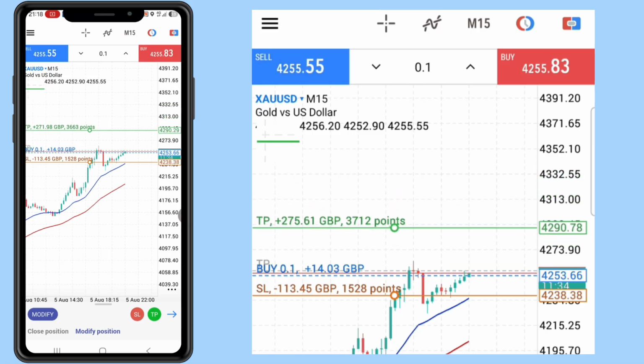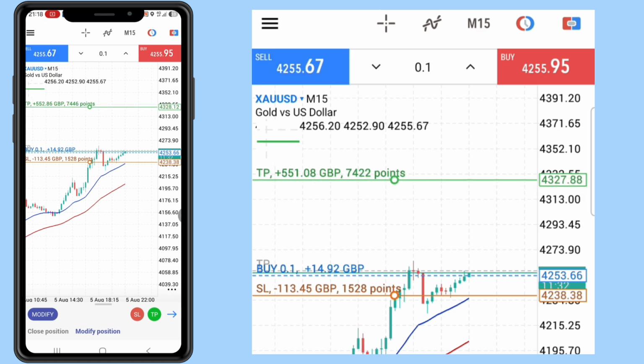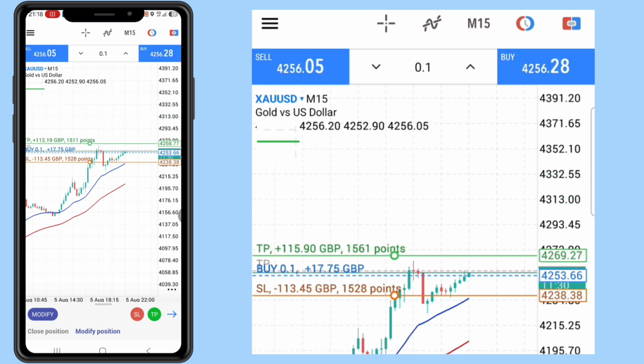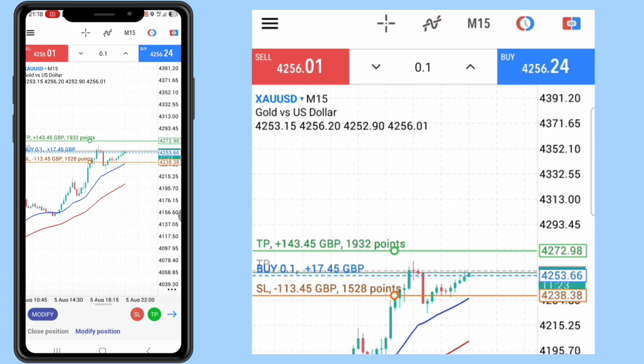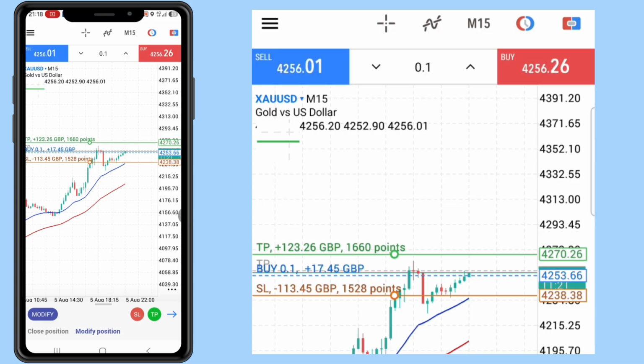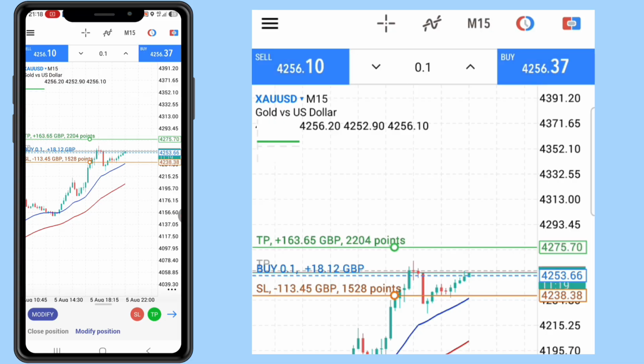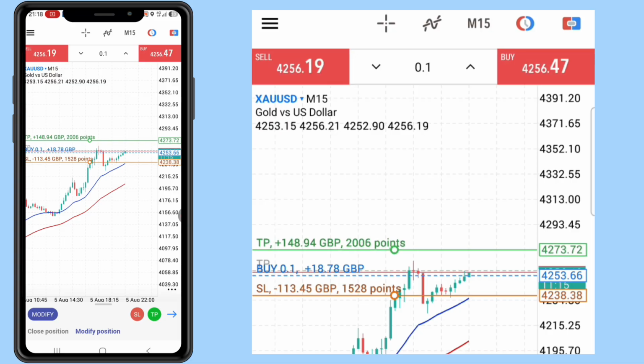As you can see right here, TP 200. If I allow this to go up here, I'll be taking like $150. That's what I want right here. That's 160. I want 150. So that's 148. That is fine.